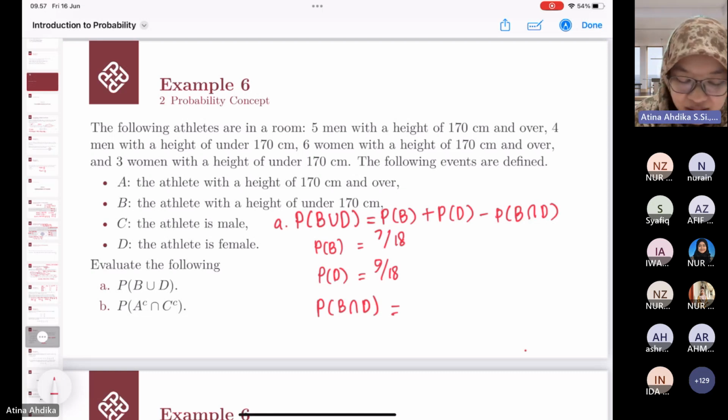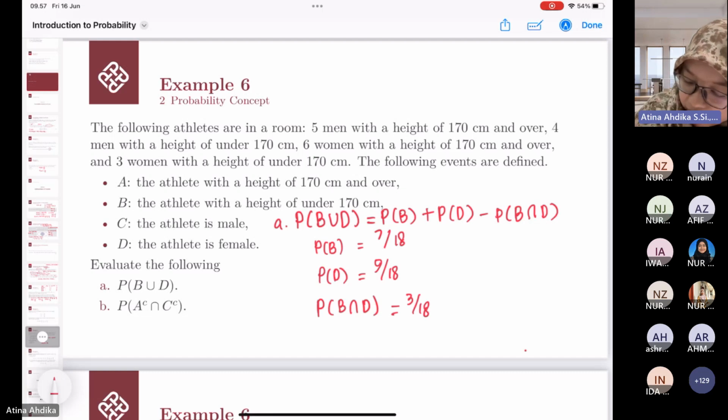The intersection between events B and D is that the athlete is a woman and under 170 centimeters. So what is its probability? 3/18. Yes, right, thank you.